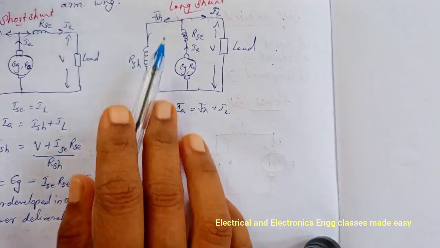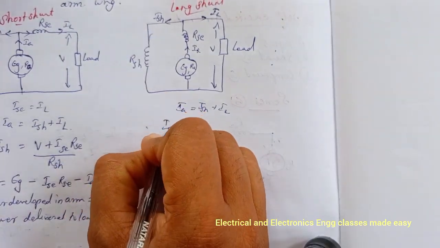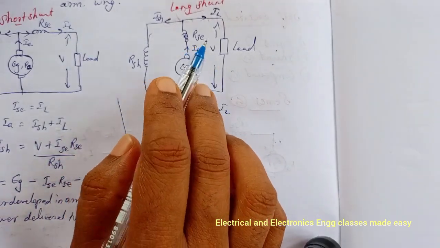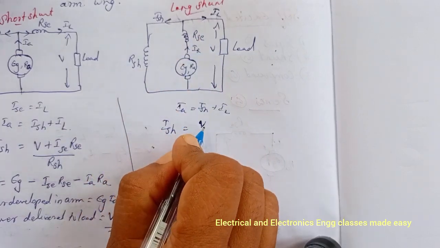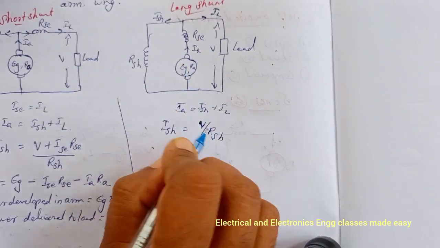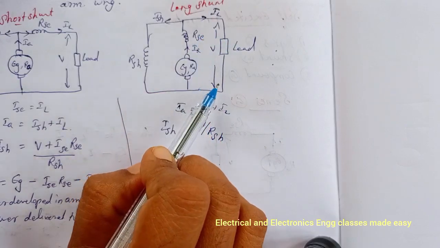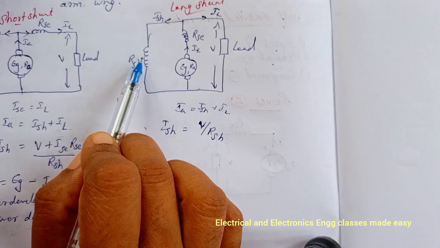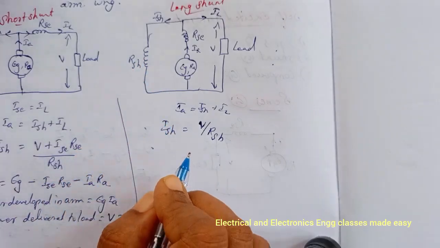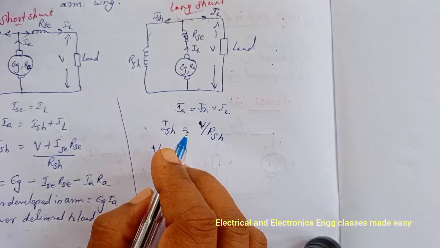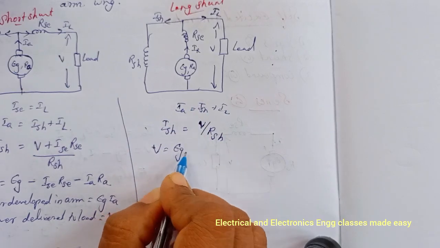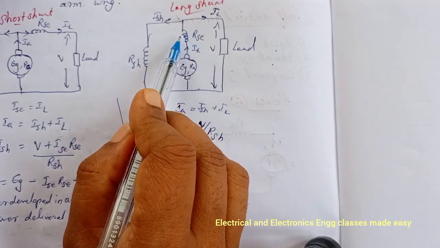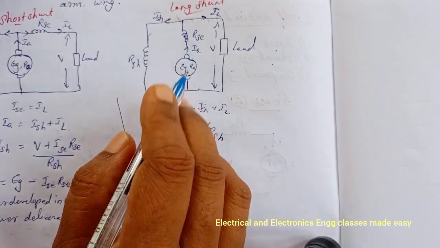Then we can write the shunt field current ISH is equal to this terminal voltage V divided by RSH, because here this terminal voltage drop is equal to the voltage drop in the shunt field. Then the terminal voltage V, we can write EG minus the voltage drop in the armature resistance and voltage drop in the series field.